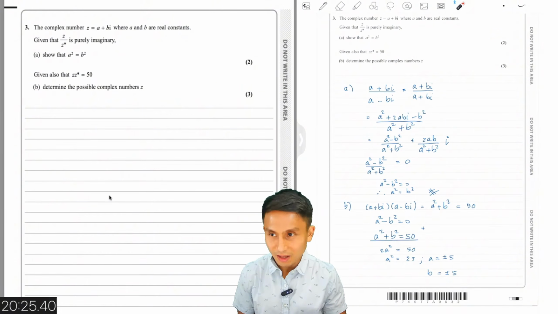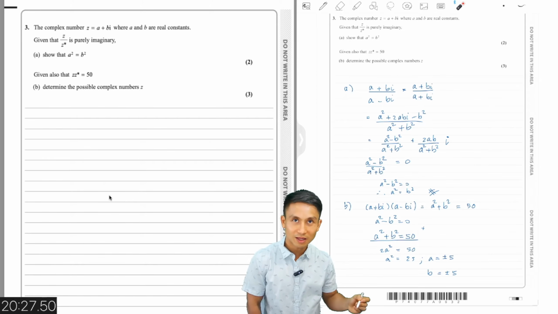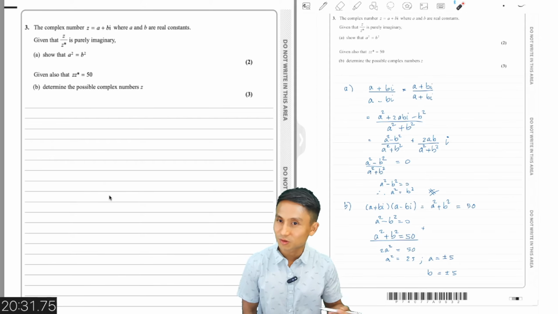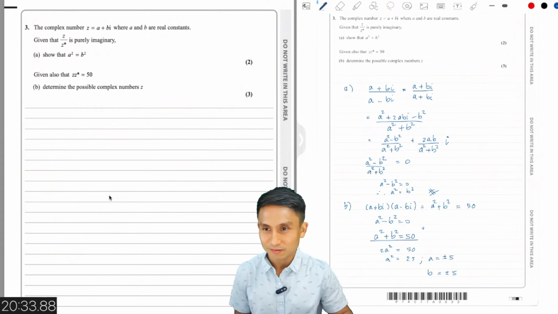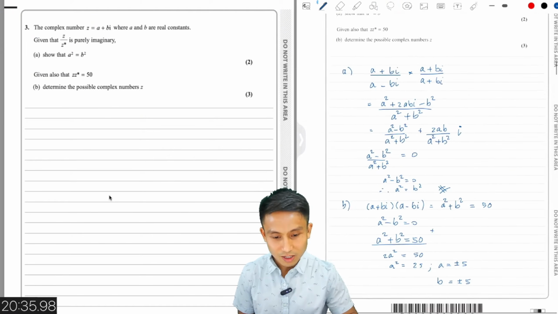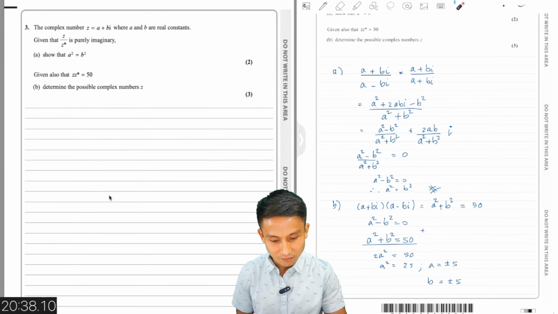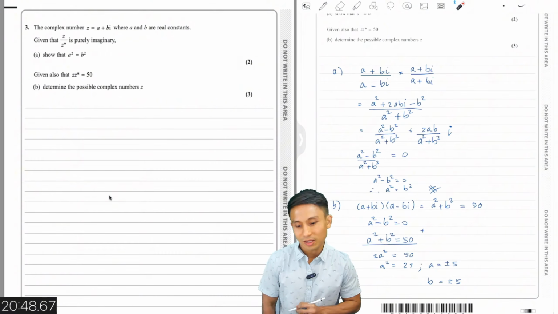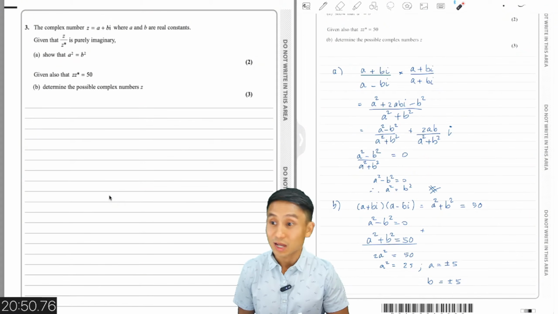It's like if a is 5, b can be 5 or minus 5. And if a is minus 5, b can also be 5 or minus 5. So there are 4 cases, right? Yeah. And if we consider all of the conditions here, well, they all work, right? I mean, if we consider back here, if we check the squares and the equations, a can either be 5 or minus 5 regardless of b.